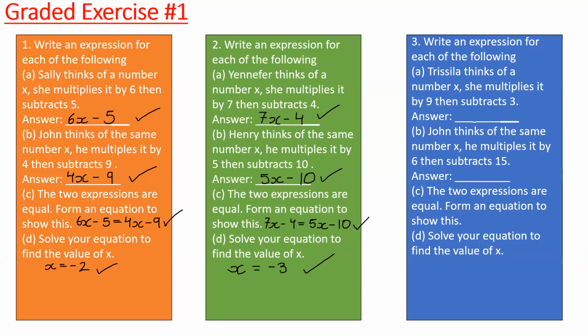She multiplies it by 9, then subtracts 3. So for that question, I got x times 9, which is 9x, and then subtracting 3, so 9x minus 3. B, John thinks of the same number x. He multiplies it by 6, then subtracts 15. So 6x minus 15. C, the two expressions are equal. Form an equation to show this. I got 9x minus 3 equals 6x minus 15.